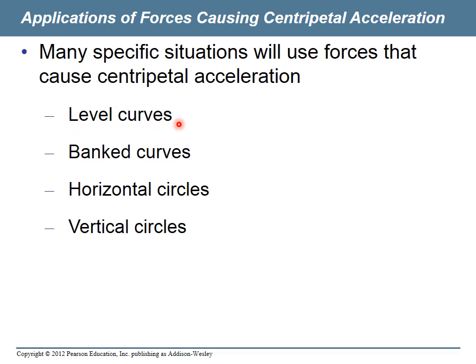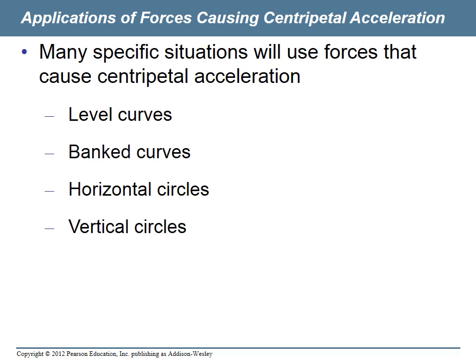I can have a level curve in which maybe we're driving around a curve on flat ground, a banked curve like the one I was just discussing, maybe in Minnesota or something, and then horizontal circles. So just something like the plane example we had a minute ago, something flying around in a horizontal circle.